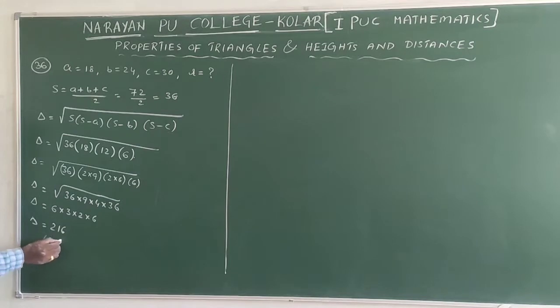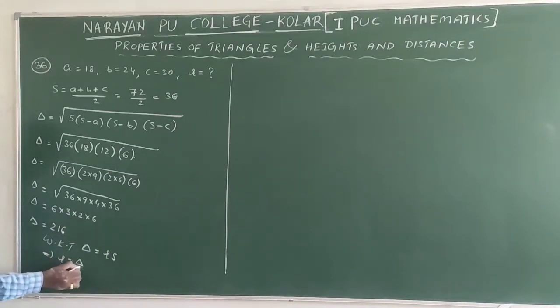We know the formula delta equals r s. From this we can write r equals delta by s. That is nothing but 216 by s value, which is 36. If you simplify directly, 6 times gets cancelled.